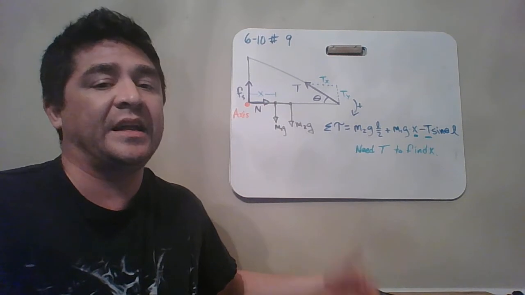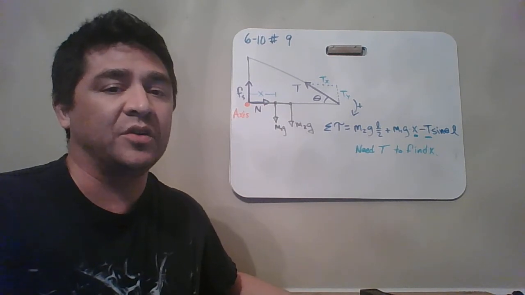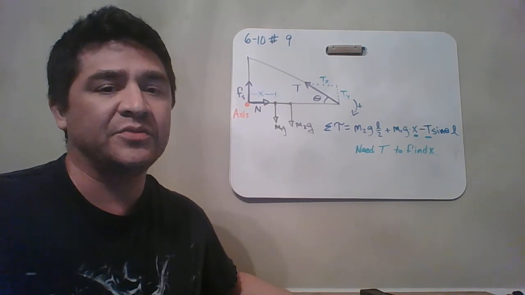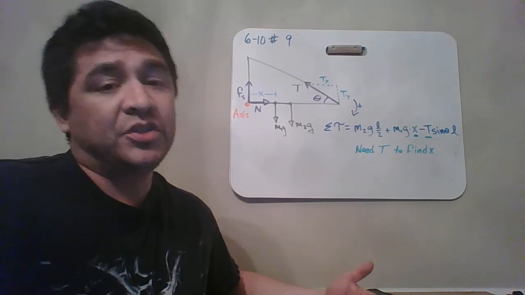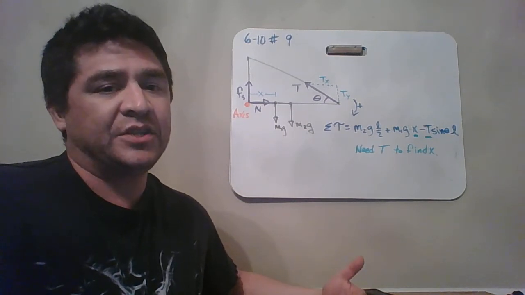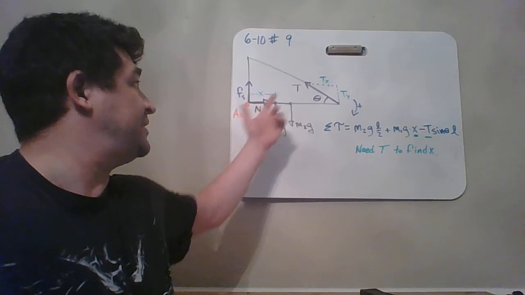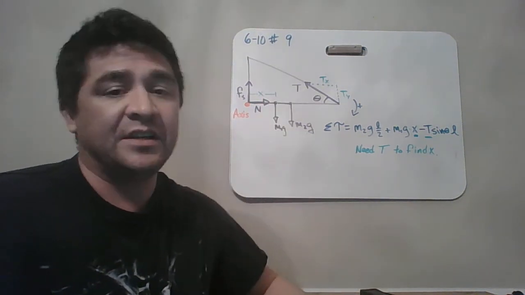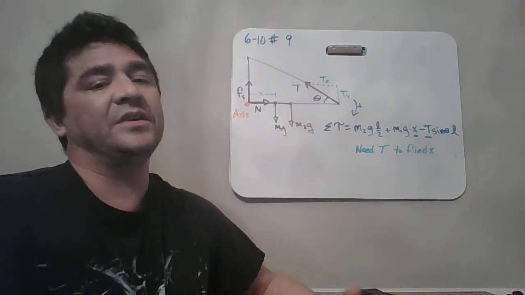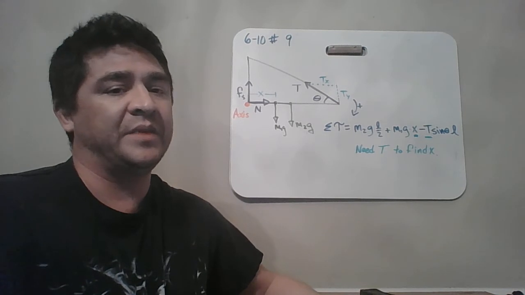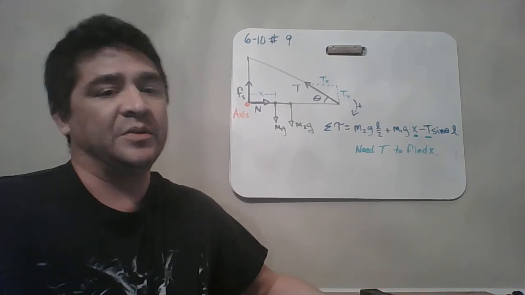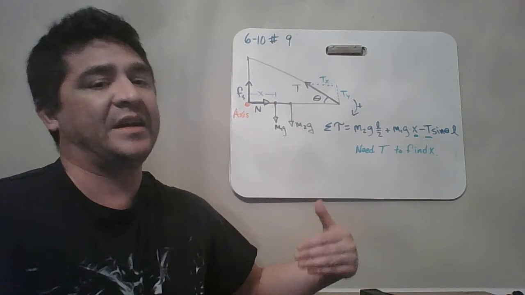We are maxing that out, so we do get to put in mu static normal for this static frictional force. So I got two unknowns there, so I'm going to pick my axis of rotation to be there, and that will leave me only the tension force as an unknown force. Unfortunately, it also leaves X as an unknown in my torque equation. So I'm going to have to go a little bit more and then come back to my torque equation to finish the problem off.